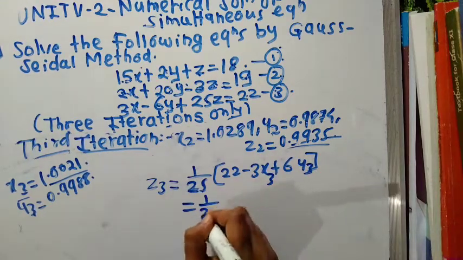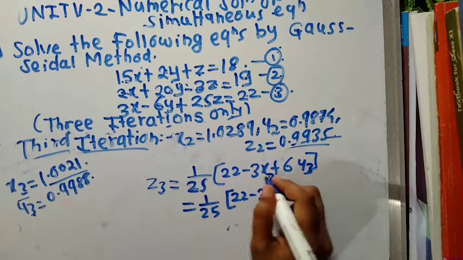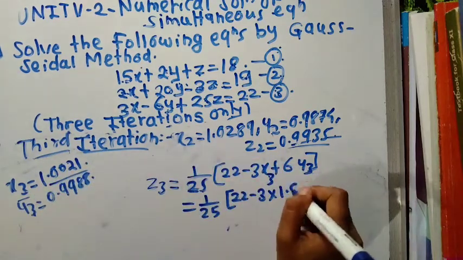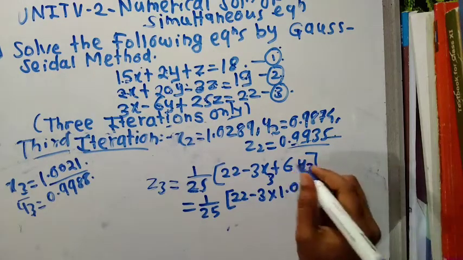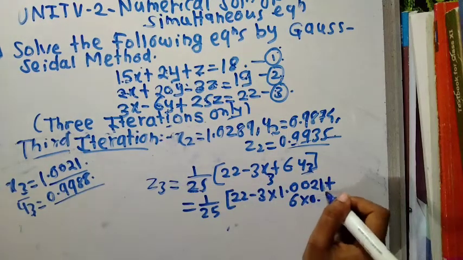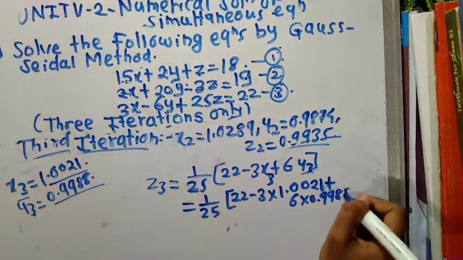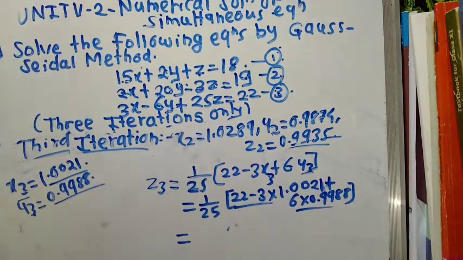So 1 divided by 25, 22 minus 3 into x3 is 1.0021 plus 6 into y3 is 0.9988. So first find out this value.